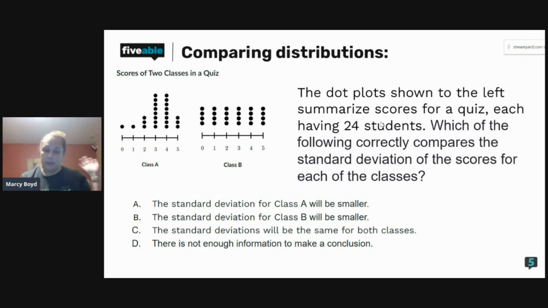You absolutely can enter this into your calculator. You can do stat edit. So in class A, I would enter 0, 1, 2, 2, 2, 3, 3, 3, and so on until I have 24 entries. And then I could do my stat calculate 1-var statistics.